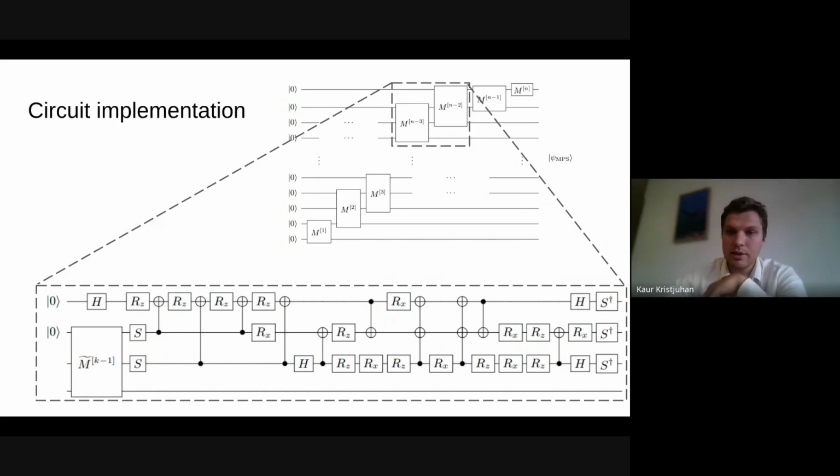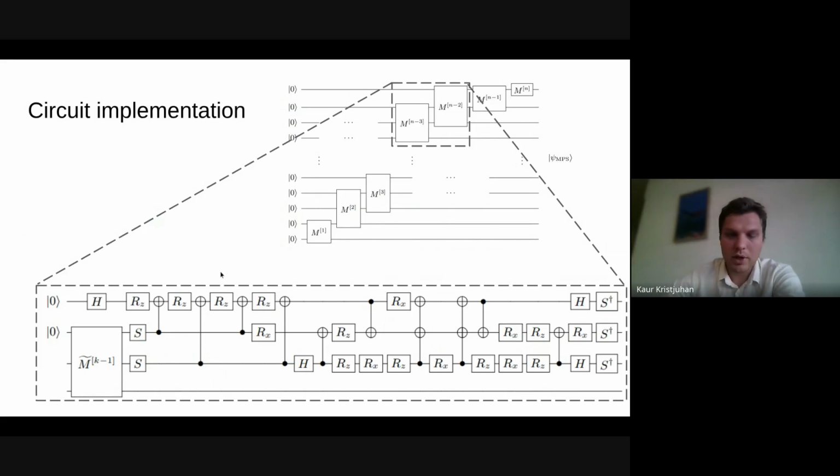Now, this decomposition is useful not just for preparing DPSS states, but for matrix product states in general. In any other application where you're trying to prepare a real amplitude valued state using a matrix product state approximation, you can use this kind of circuit for implementing these 3-qubit operators.